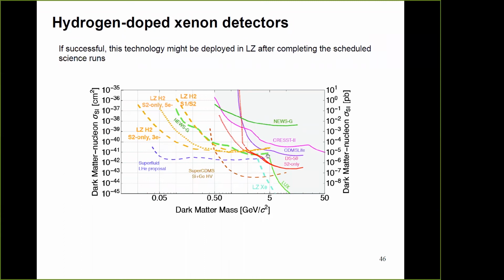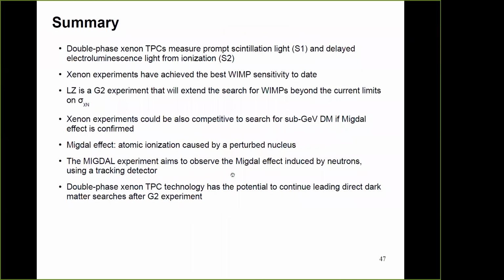But we can see that using a xenon detector doped with hydrogen gas, we can improve that by almost 2 orders of magnitude. So it's quite an important improvement. So we want to investigate that. And with this, now I close.